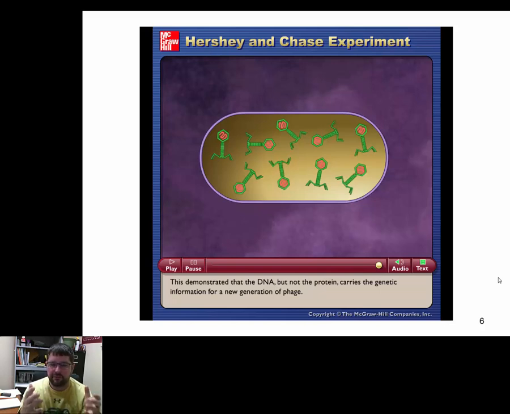And so you can label them. All kinds of situations where we're interested in this labeling technique. They're not the first to use it, but it was the first to really use it in the sense of biological applications, especially to discover whether it's protein or DNA that is the source of the gene.